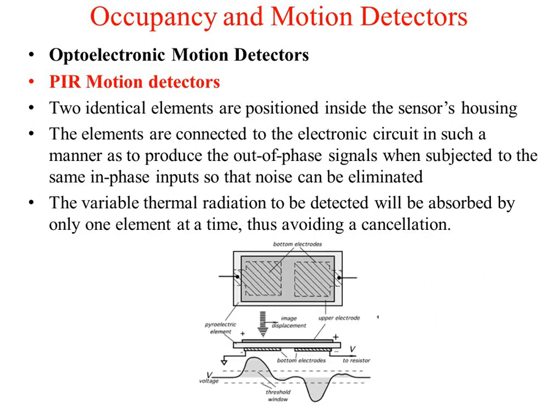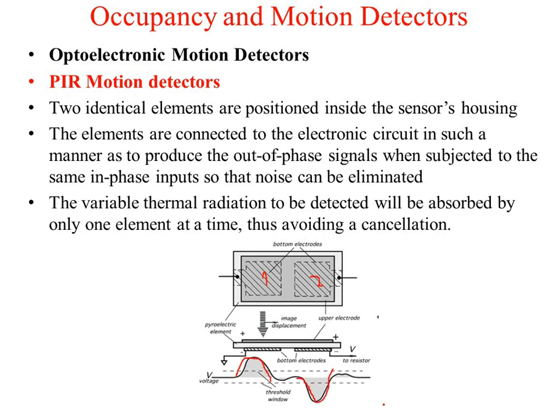So here is the principle of how it is used. You can see this is the electrode, and here the pyroelectric element is put over here. This is the upper electrode, and these are the two lower electrodes that will generate the two voltages. So the voltage generated because of sensor 1 will be positive, and because of sensor 2 it will be negative.